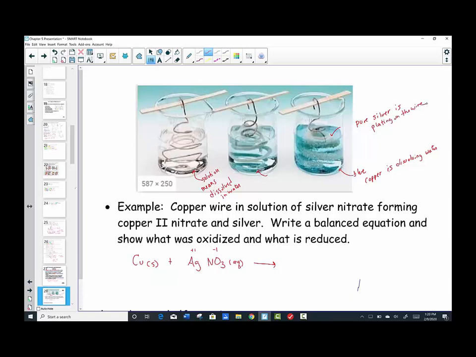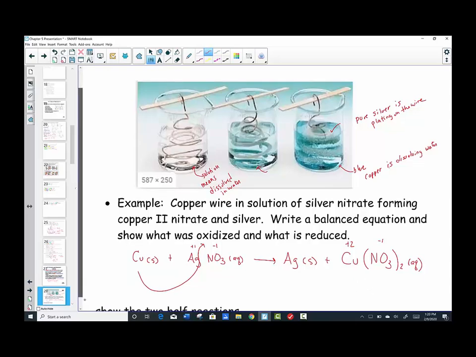Here's what we see. The copper displaced the silver, and silver came out as a solid, and the copper went into solution, forming a positive charge. And now it receives the aqueous sign to let you know it's now dissolved in the water.